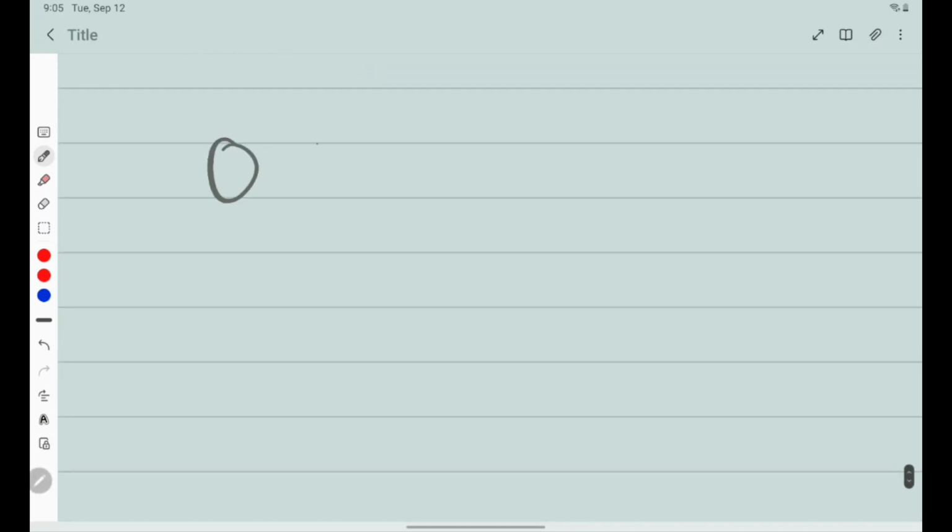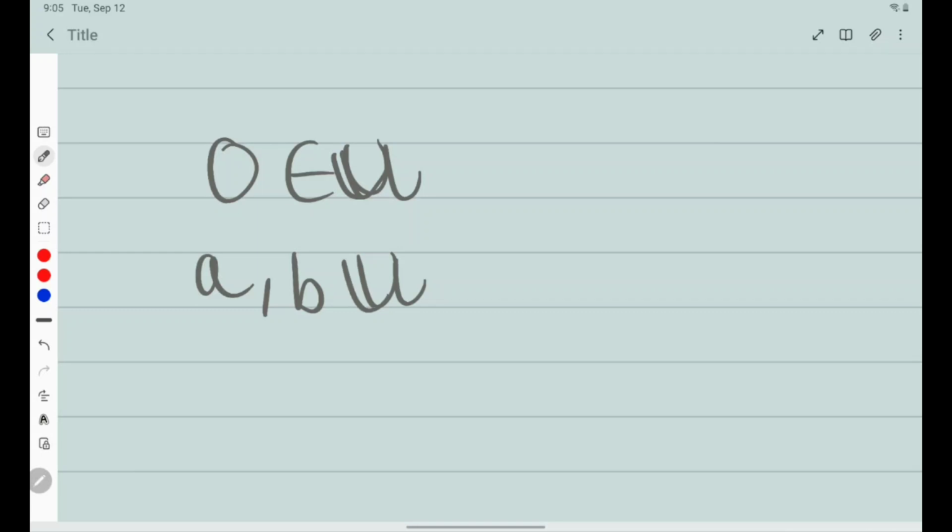So we need to check that the identity vector is an element of our subspace. We need to check that it is closed under addition. So if we take two elements in our subspace, this must imply that the addition of those two vectors is also in the subspace.